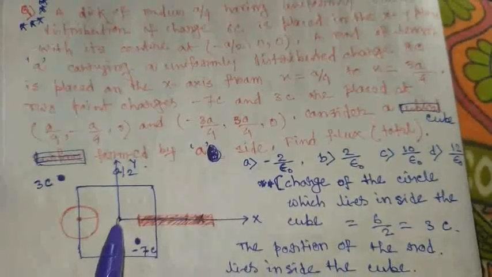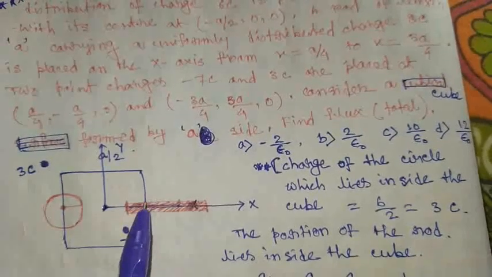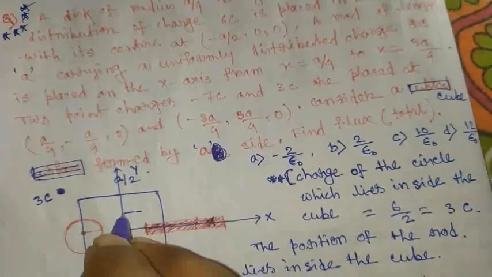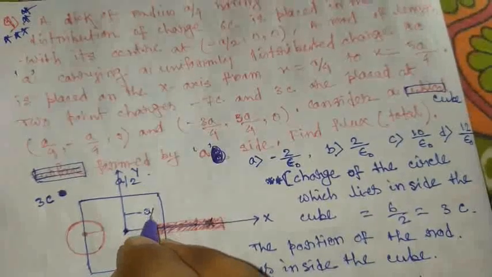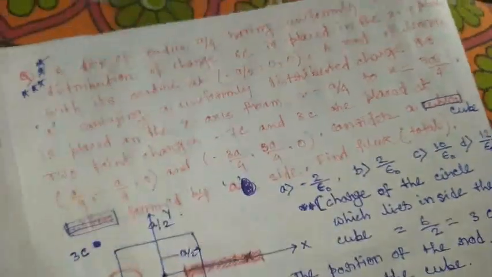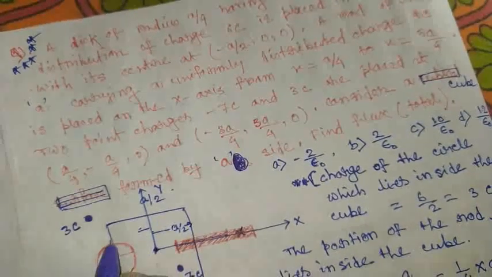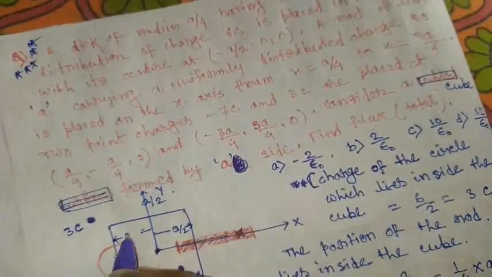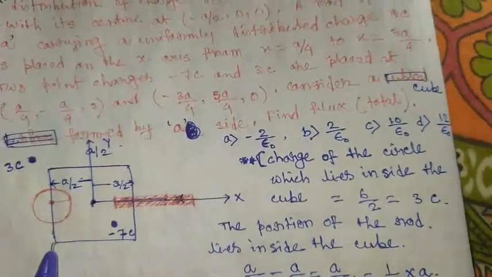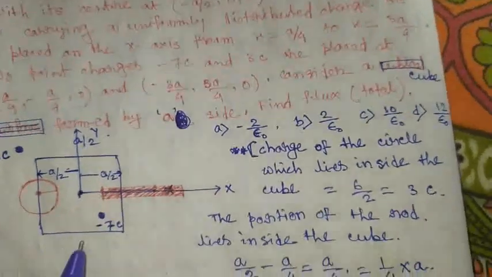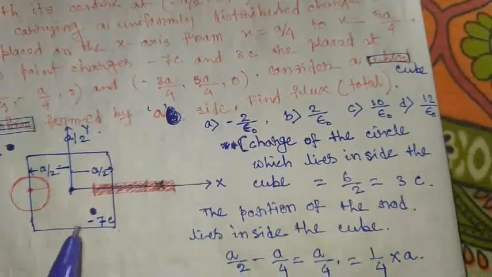From this center, the distance to either side is a by 2, and along the y-axis it is also a by 2, because it is the origin, and the total length of this side is a.